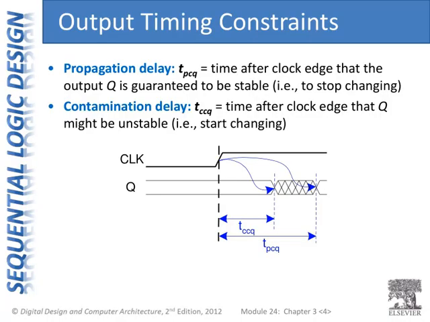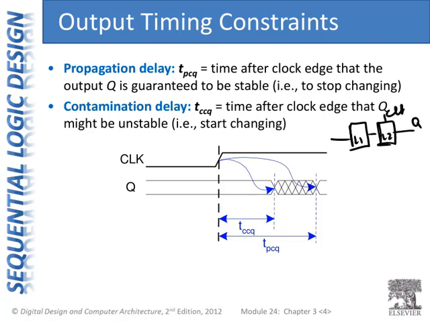Now we can look at the output timing constraints. So when, after the clock edge, do we get the output Q to change and be stable? Again, we'll dive down a level of abstraction and get to our back-to-back latches drawing of our flip-flop. So L1 and L2.